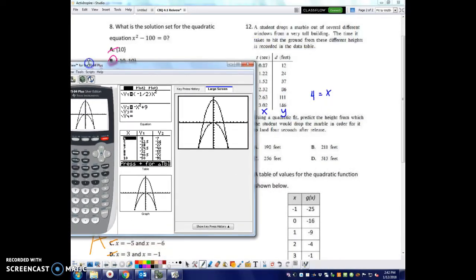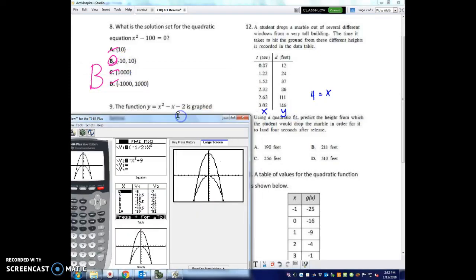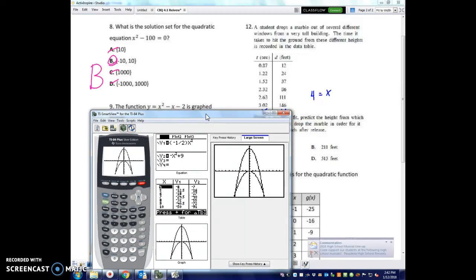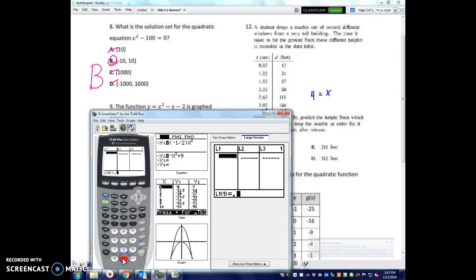We're going to need to type in that whole thing. Here we go. So we go to stat, edit, type it in: 0.87, enter, 1.22, enter, 1.52, enter, 2.32, enter, 2.63, enter, 3.02, enter.